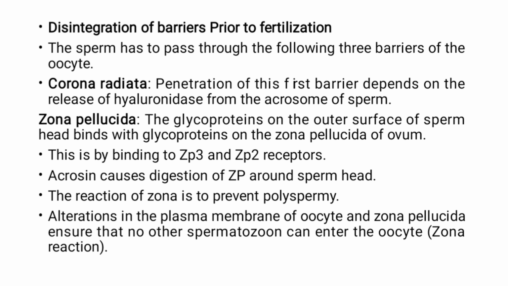Here they are talking about the disintegration of barriers. Penetration of the first barrier, the corona radiata, depends on the release of hyaluronidase from the acrosome of the sperm, released to diffuse so that this barrier is penetrated.